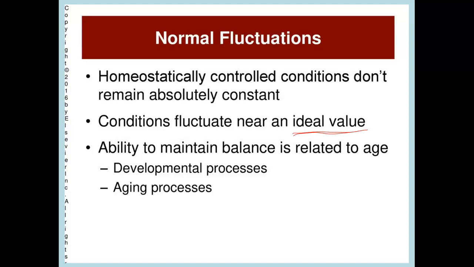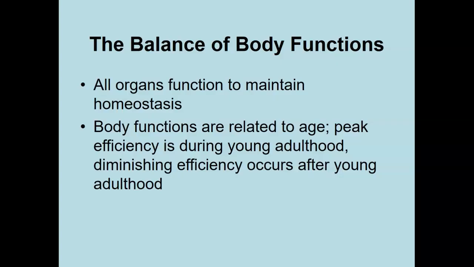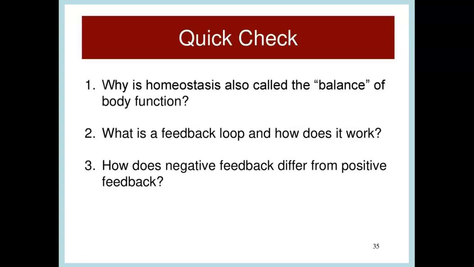This allows us to maintain balance. These balance values, though, change as we grow via developmental processes or via aging. We'll talk about that a little bit later on. So all of our organs work to maintain homeostasis. These functions change as we grow and age, and keep us alive.